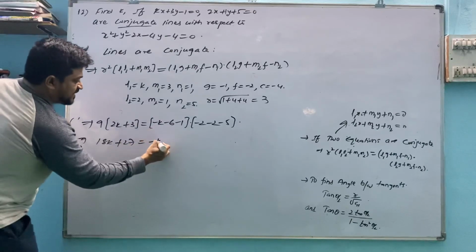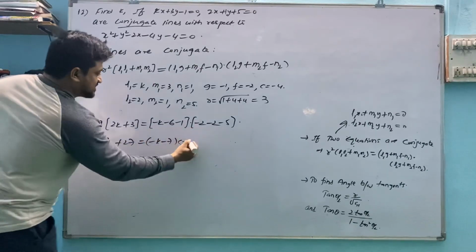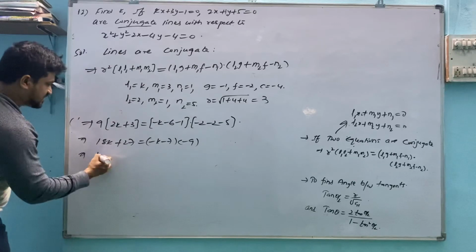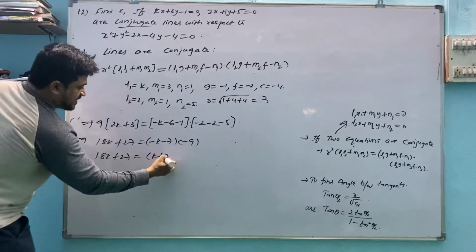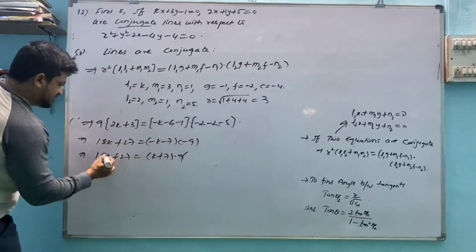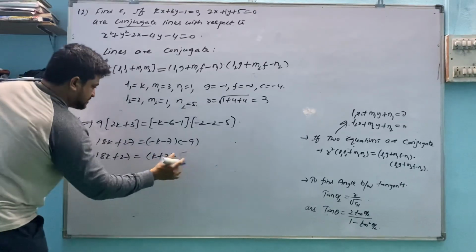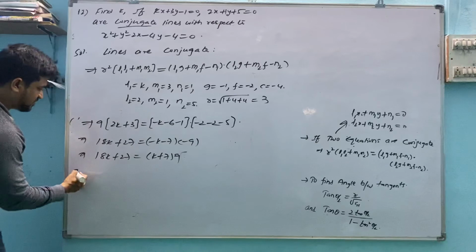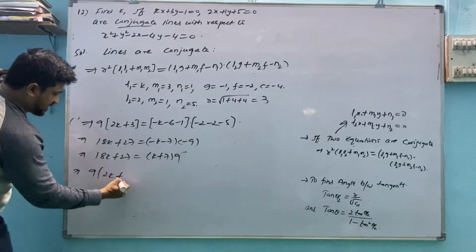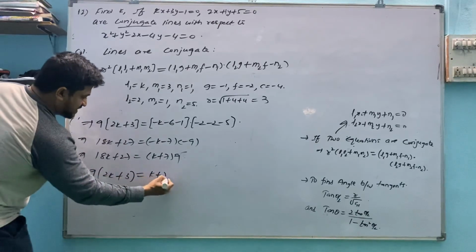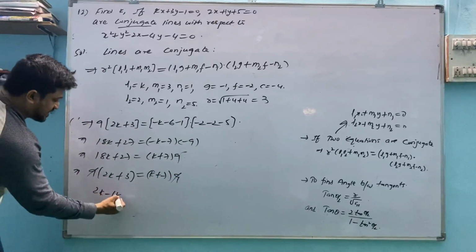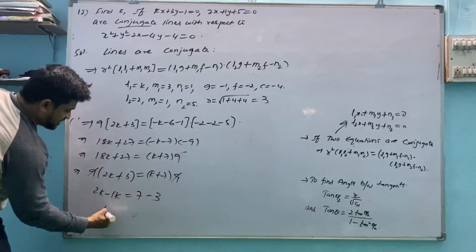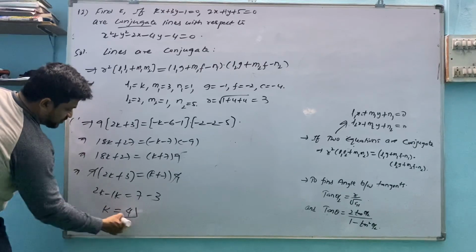Then minus K minus 7 into minus 9. We have multiplied that minus sign inside: K plus 7 into 9. Here we can take 9 common. 9 2 is 18, 9 3 is 27. K plus 7 into 9. 2K minus 1K is equal to 7 minus 3. K is equal to 4.